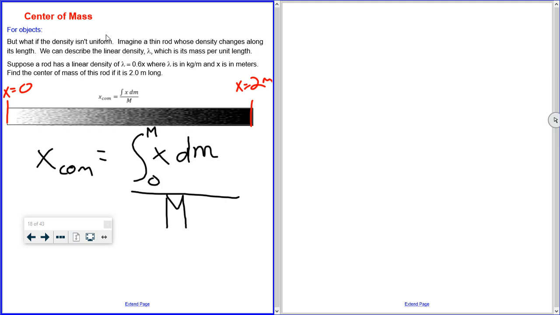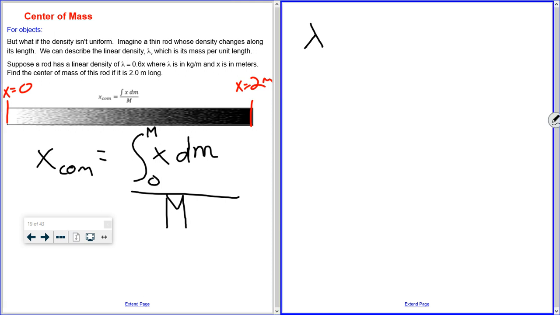So the first thing is this. We don't want to integrate dm, okay? You have to change it, all right? So in order to do that, we have to do what's called variable substitution, or replacement of variables. So remember, by definition, lambda is the mass per unit length, okay?